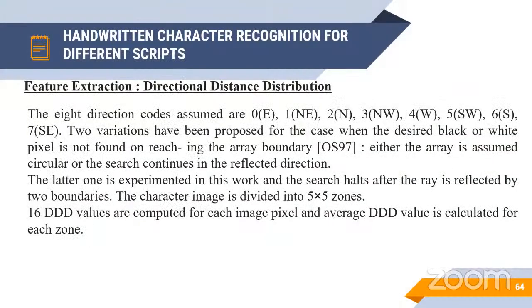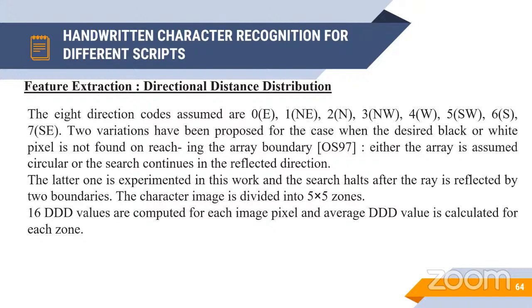For feature extraction, the directional distance distribution algorithm is also used. Two variations have been proposed for the case when the desired black or white pixel is not found on reaching the array boundary.